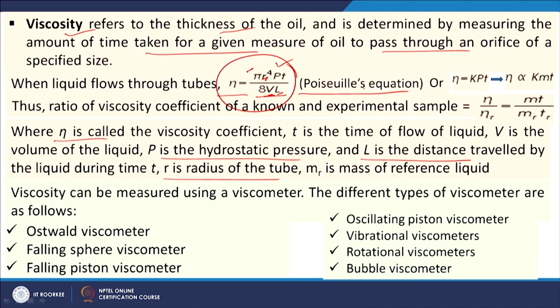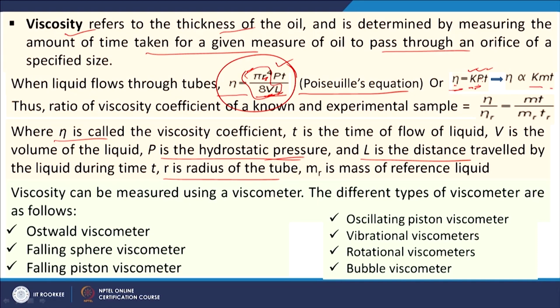So, we get eta is equal to k into p into t, where p is the hydrostatic pressure, which is related to mgh, so the mass of the oil. So eta is proportional to k m t, because p is proportional to m.